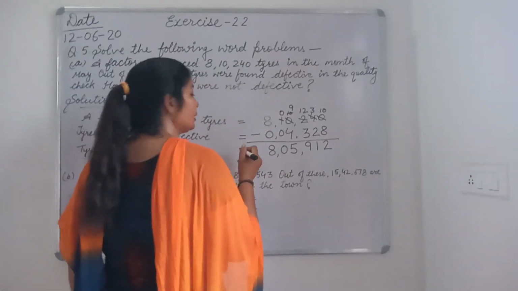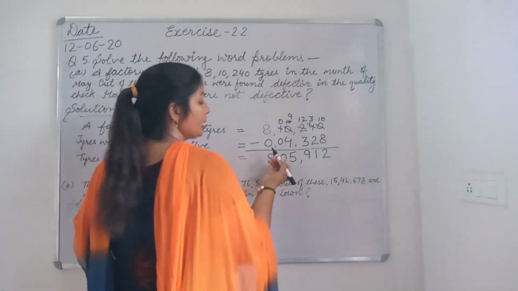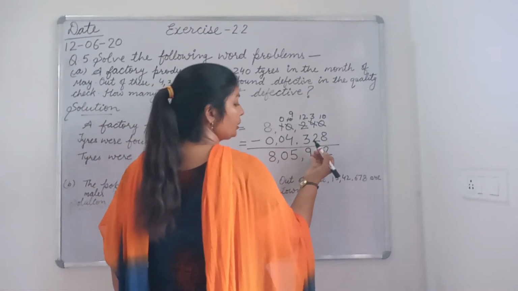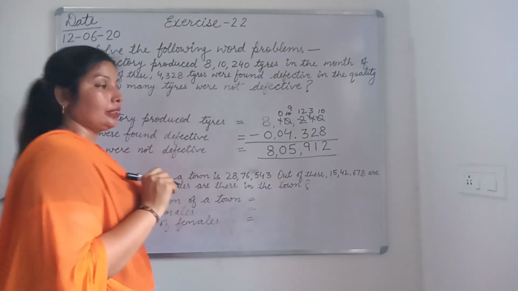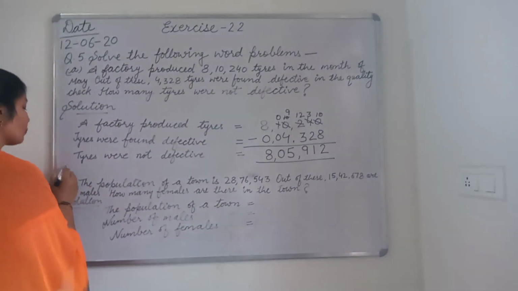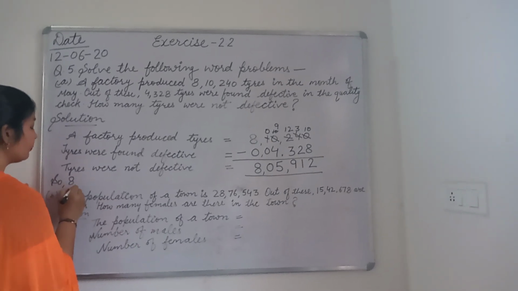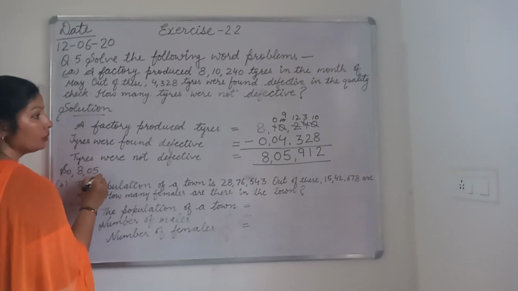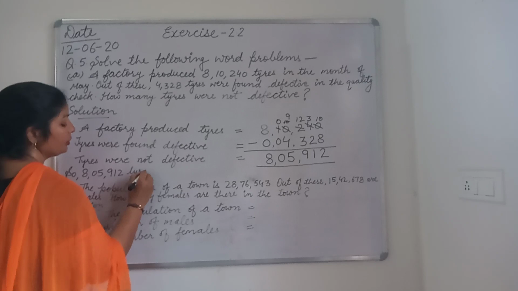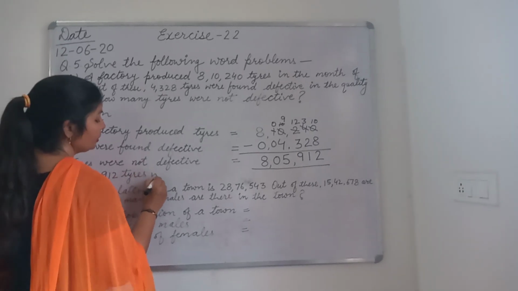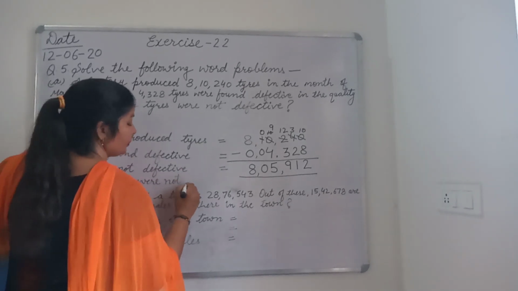So how many tires were not defective? 8,05,912 tires were not defective. So we write here the line: 8,05,912 tires were not defective.